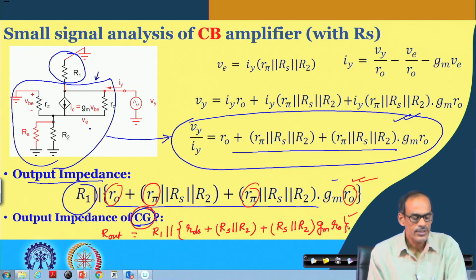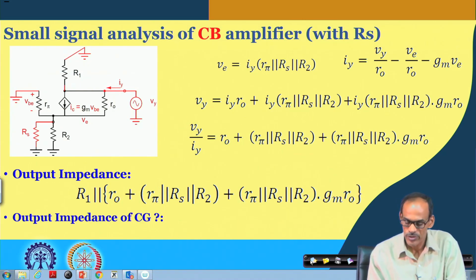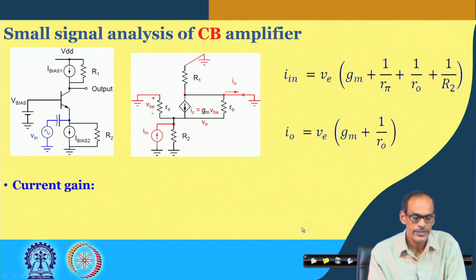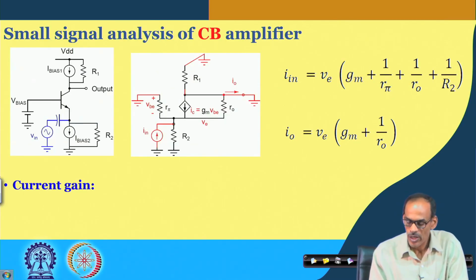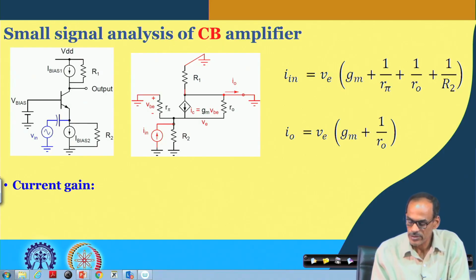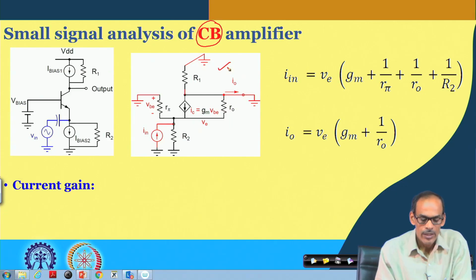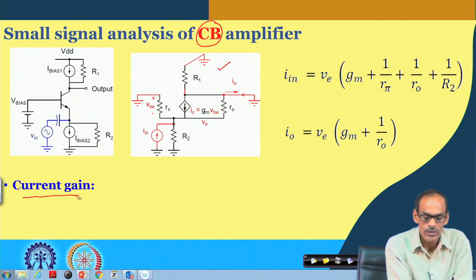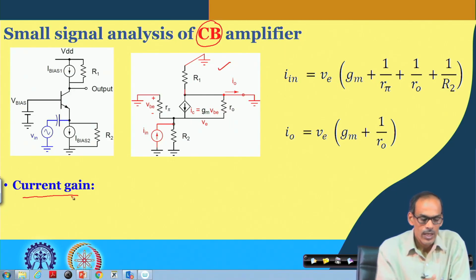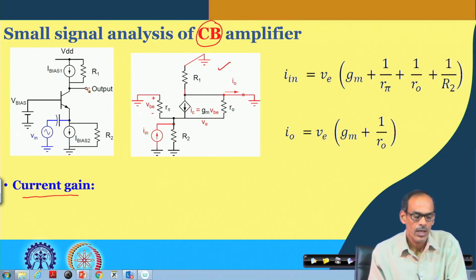So, let us see this circuit, either common base or common gate, as a current amplifier. So, we do have the corresponding analysis to find the expression of the current gain. Here we do have the common base configuration, we do have the corresponding circuit here, and to get the current gain what we have to do at the output node is make the corresponding terminal unloaded.